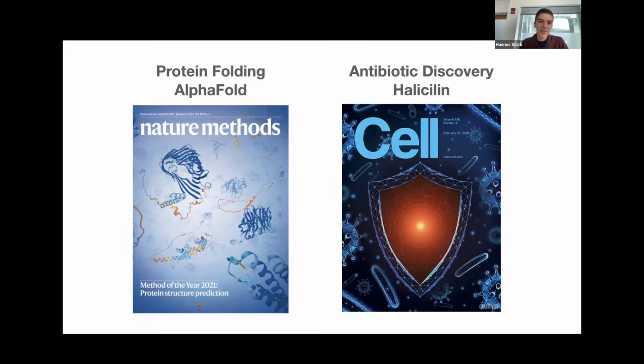Then AlphaFold came along, and they were the first ones able to make predictions on this assessment of structure prediction, which is held every 4 years, I think, at a sub-angstrom level of accuracy, which is the desired level of accuracy that biologists want.